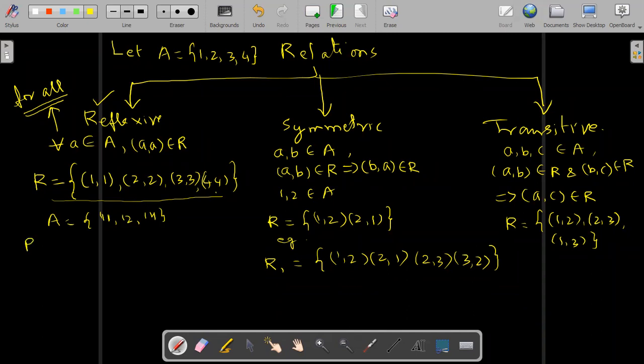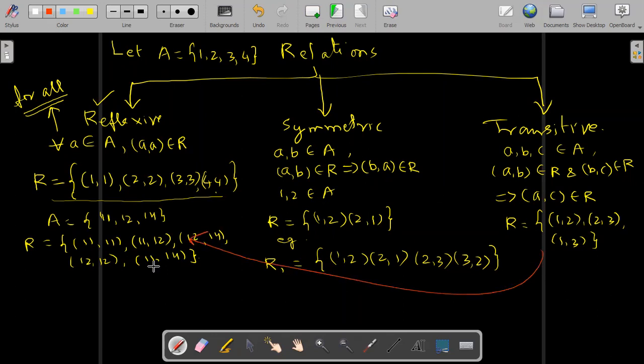And R is a relation which has the ordered pairs 11 11, 11 12, 12 14, 12 12, and 11 14. So we are checking for transitivity.